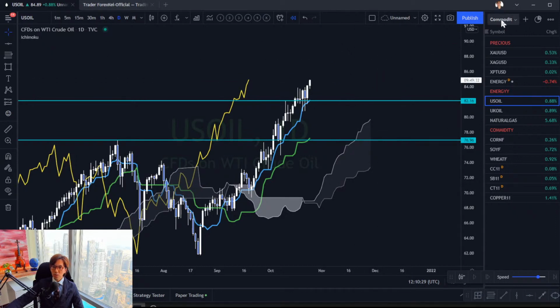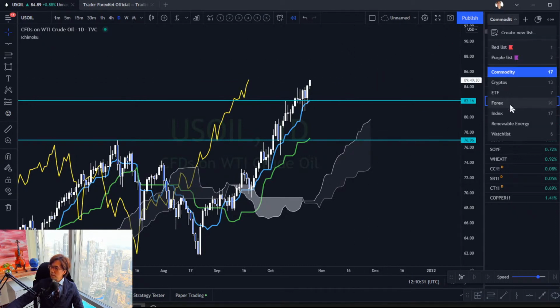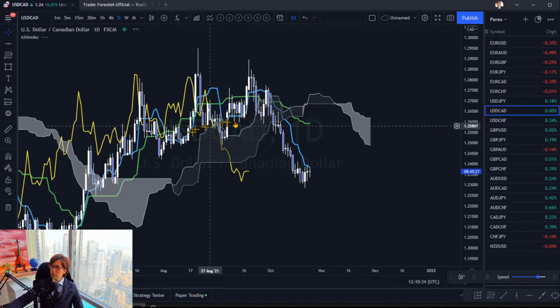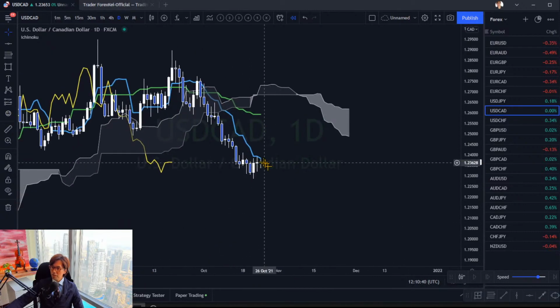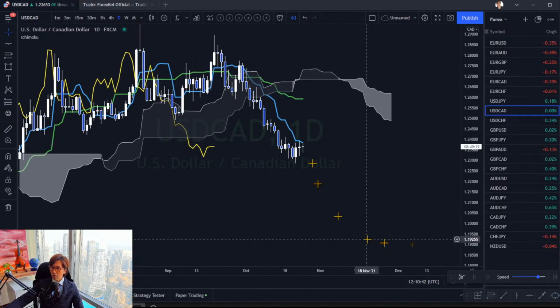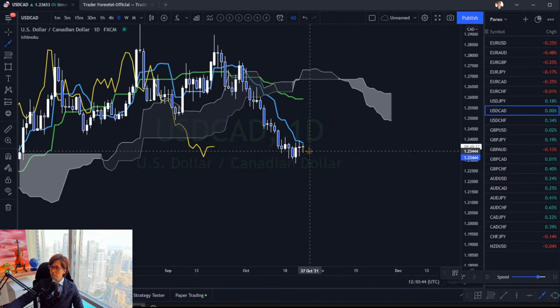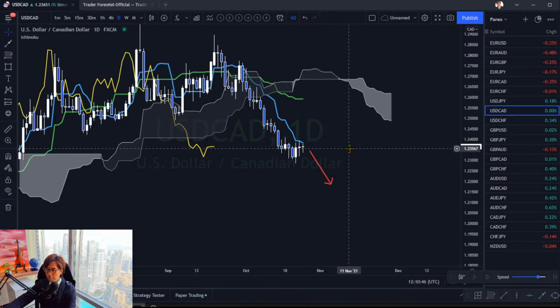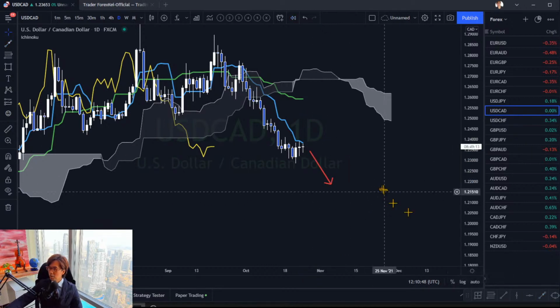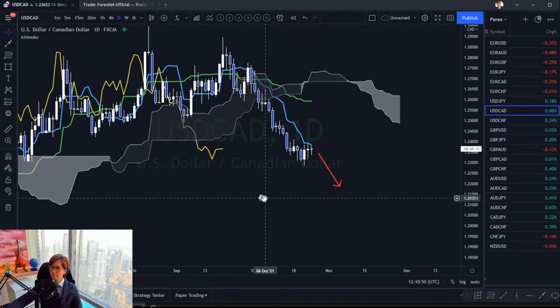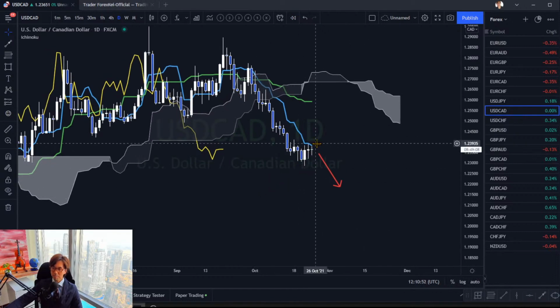Yeah, but so USD CAD, let me check the current situation. Right now it's ranging, but it may be resisted by the Tenkan Sen and go down this way. So that might be a possible scenario in this case. But if the market breaks the Tenkan Sen, then it goes up to the Kijun Sen technically.